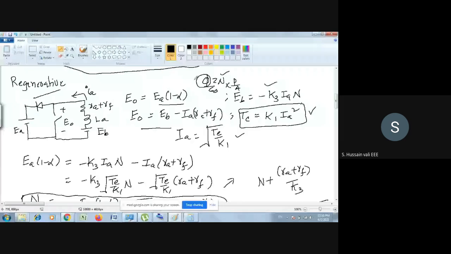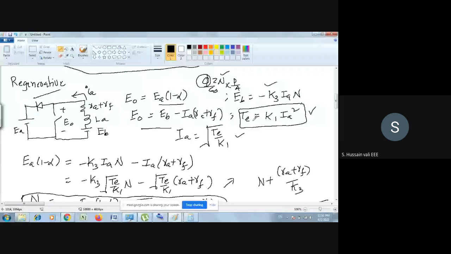In the sense that phi depends upon the current IA. So as IA is negative here, we'll put here negative. Then electromagnetic torque TE is equal to K1 into IA square. So even though IA is negative here, as it is square, you will find out still that.